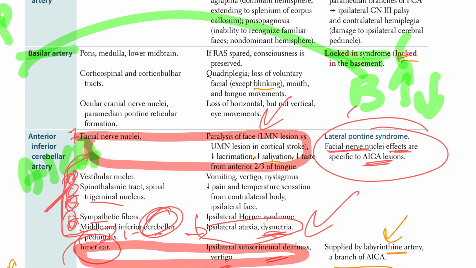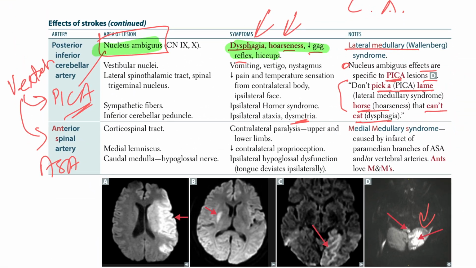You think about dysphagia, hoarseness, nucleus ambiguus out, you will think about PICA, which is right here. Nucleus ambiguus, dysphagia, hoarseness, PICA. And that is known as lateral medullary syndrome. LM for don't pick a lame horse that can't eat.